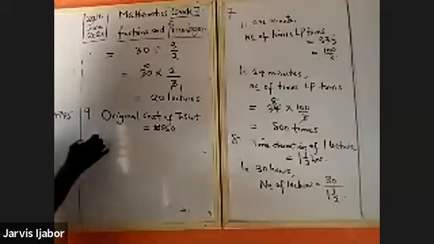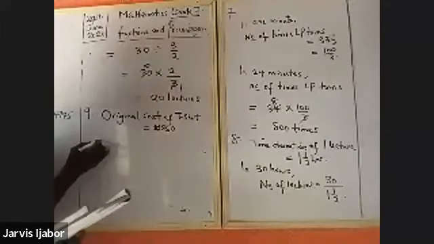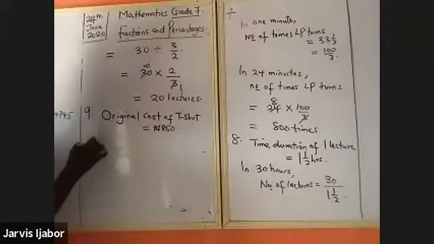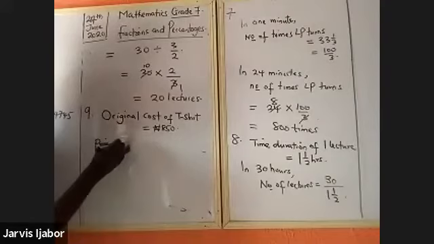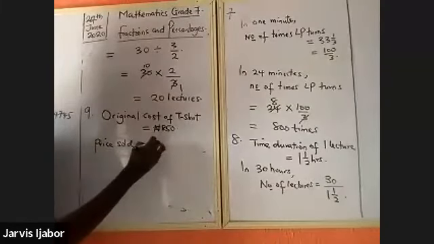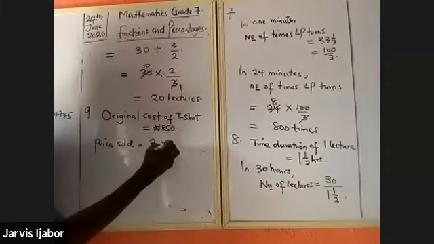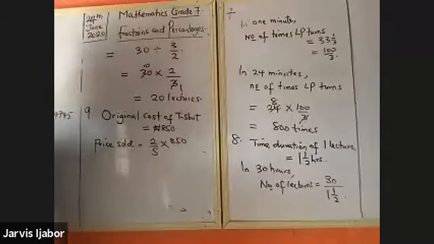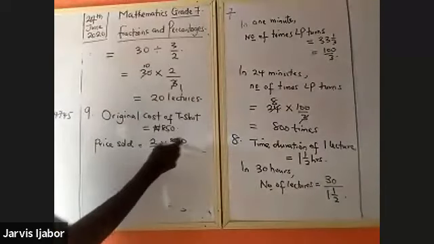So the price sold will be equal to 2/5 of the original cost.